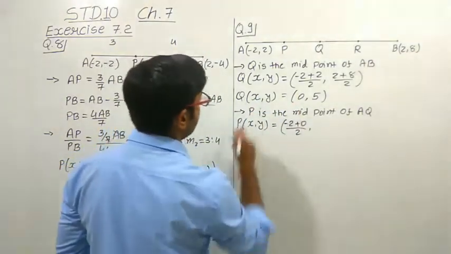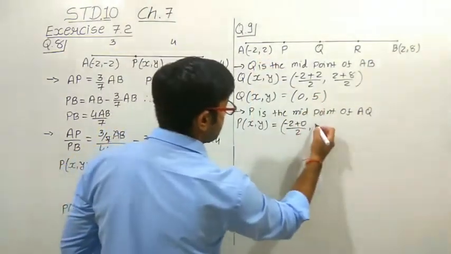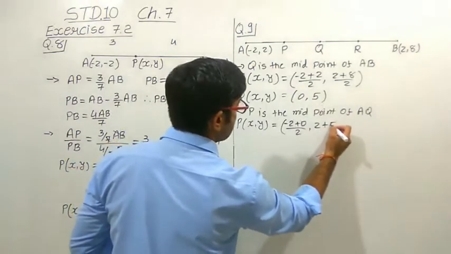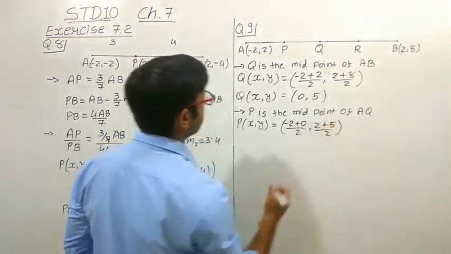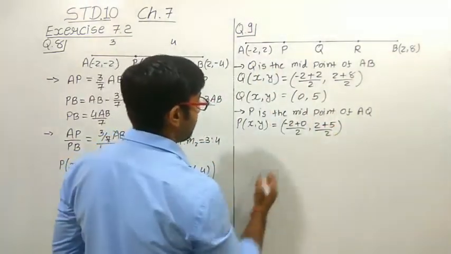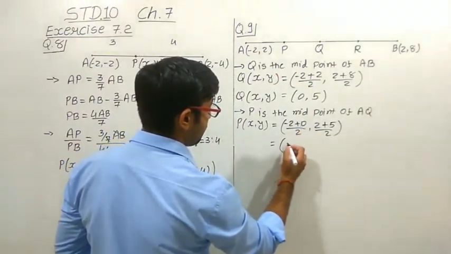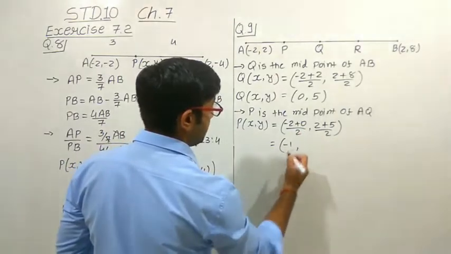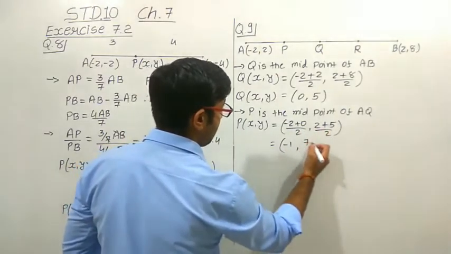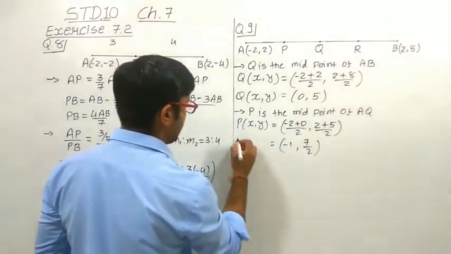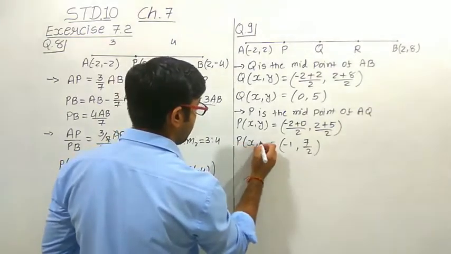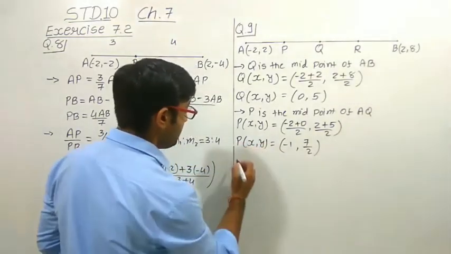So this is the x coordinate, and for y, y1 plus y2, that is 2 plus 5 upon 2. That is why we get minus 2 upon 2, that is minus 1, and 5 plus 2 is 7, so 7 upon 2. This is the coordinate of the point P.